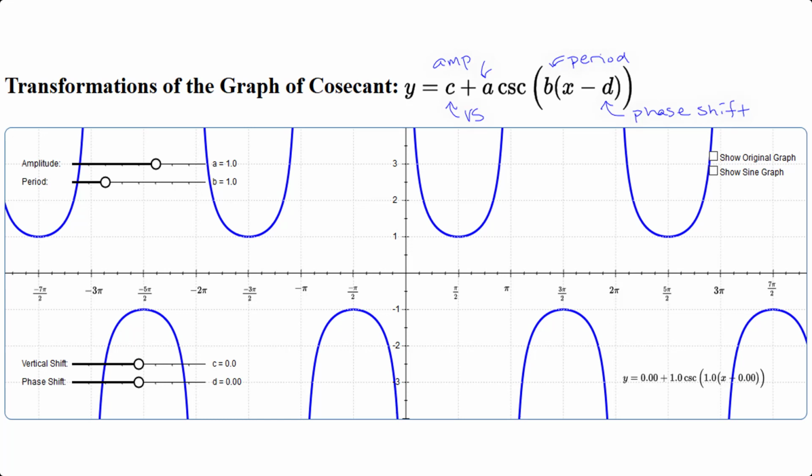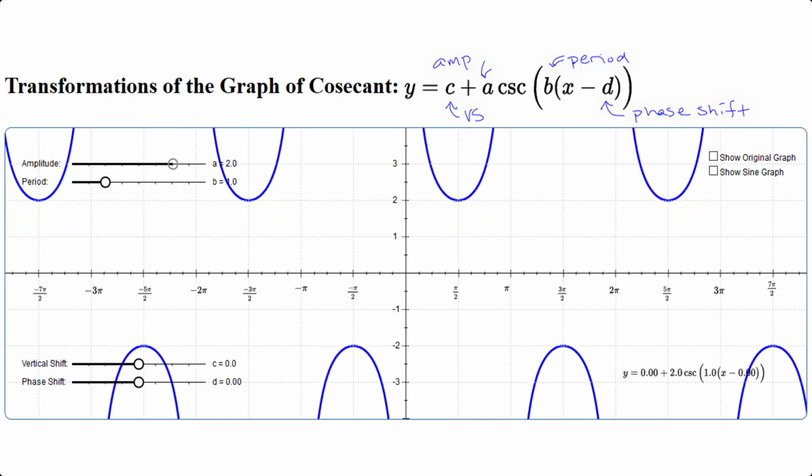Now, let's look at amplitude first, because we said that amplitude really isn't a factor when it comes to cosecant or secant, but it sort of is. It's just a little bit different than what happens with sine and cosine. So if I change the amplitude to 2, for instance, notice that the local minimums and local maximums that the cosecant reaches are positive 2 and negative 2.